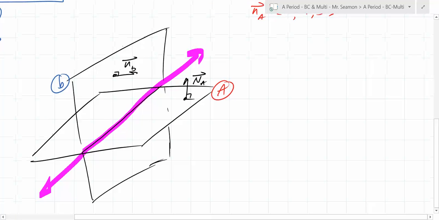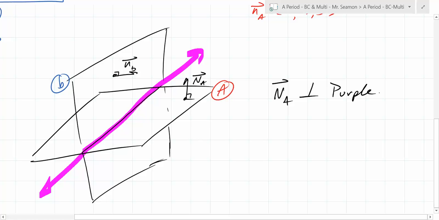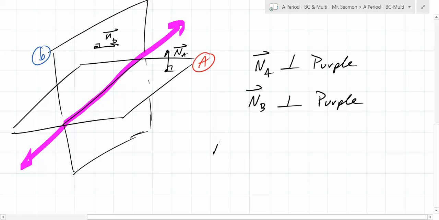All I'm saying is you know that NA has to be perpendicular to purple, right? Because purple is part of A. And you know that NB has to be perpendicular to purple, correct? And you know that NA cross NB has to be perpendicular to both NA and NB, correct?